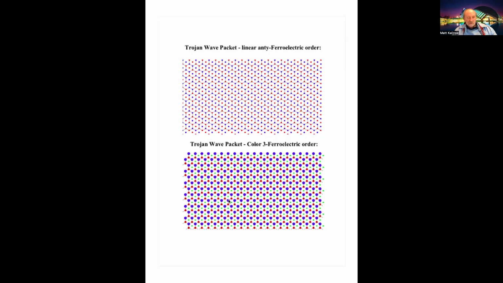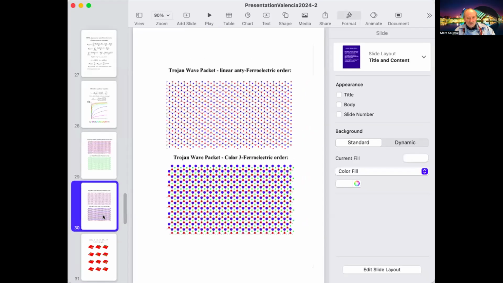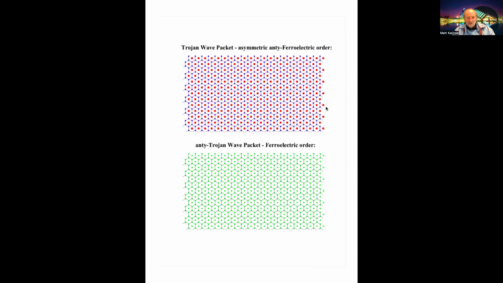And also the self-consistency is obtained in the better Pierre Weiss approximation, where one atom is subjected to the field of the three neighbors. Okay. So this is, for example, numerical simulations on two different sublattices for the phase center lattice, here in the asymmetric antiferroelectric order.